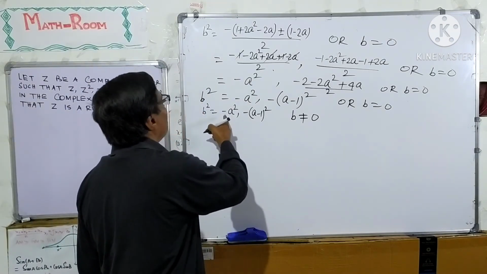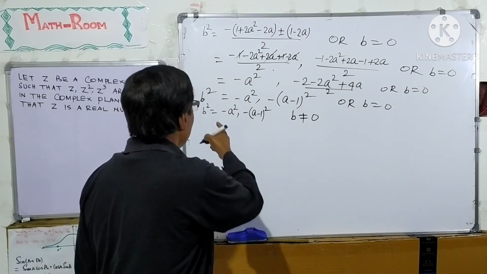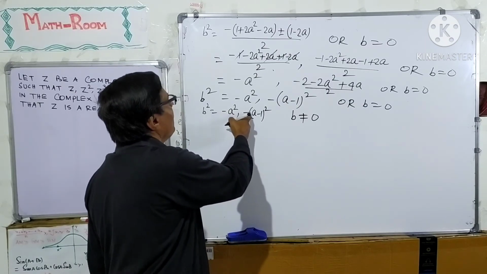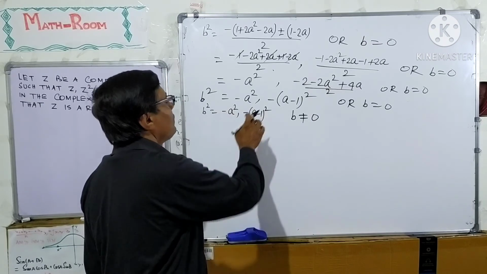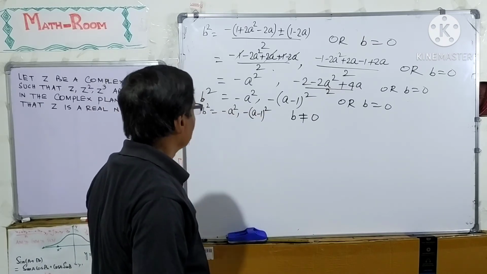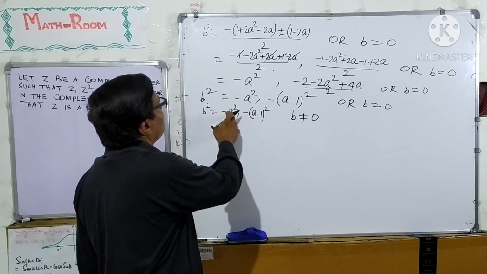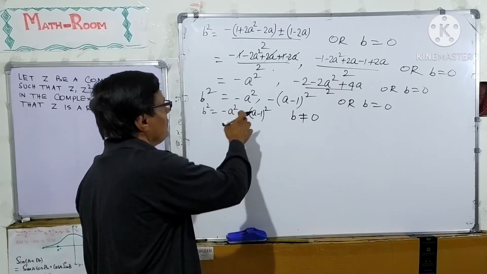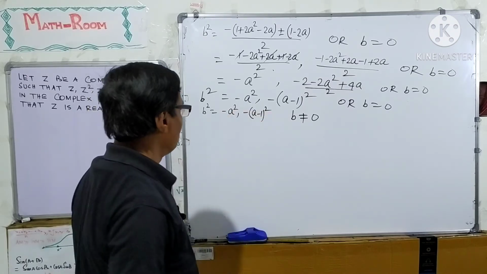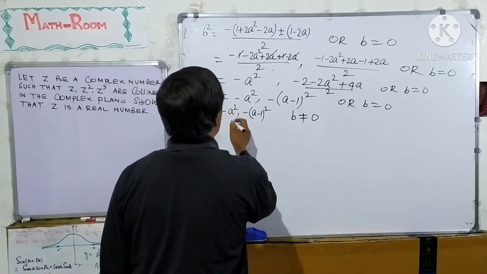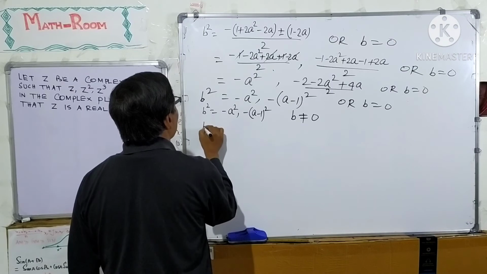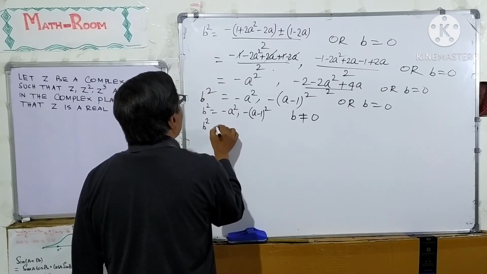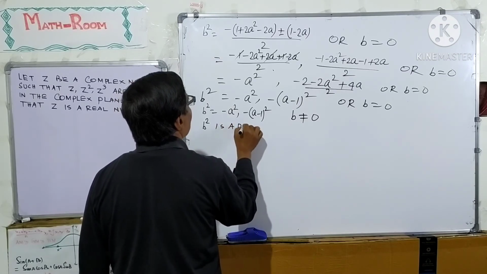Now, if b square equal to minus a square and minus a minus 1 whole square, a square and a minus 1 whole square are all perfect squares, and also a can be 0 or a minus 1 can be 0.